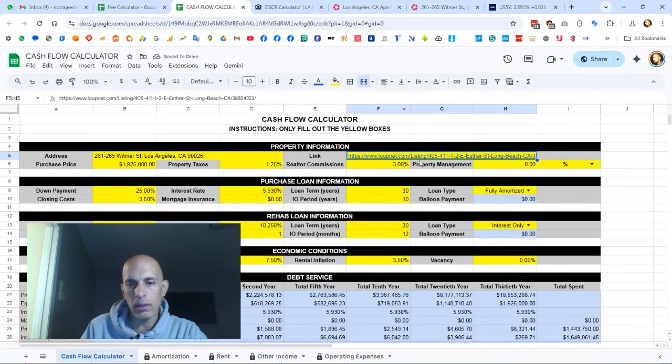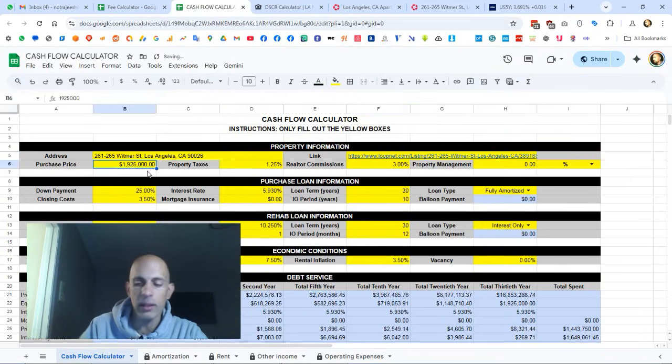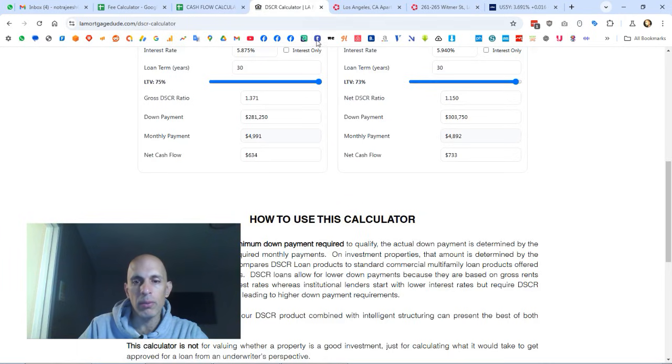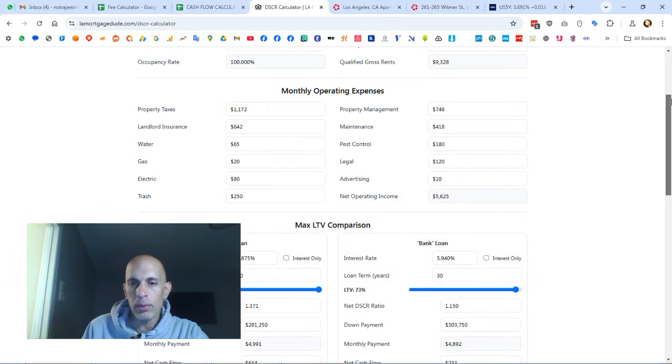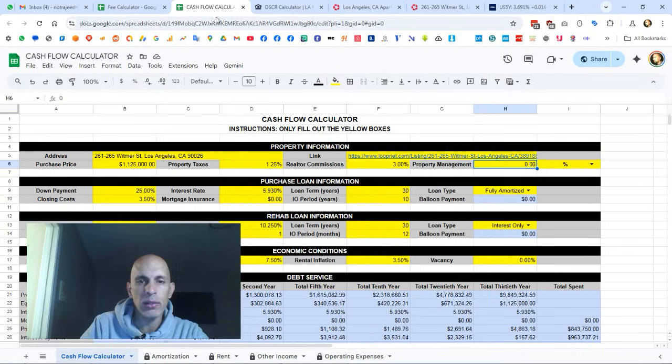I mean, none of this changes the calculator. It doesn't pull the data automatically. I just like to keep it organized. Let's see. What are we using for property management? 746, so that's 8%. We're using zero vacancy in this calculator.